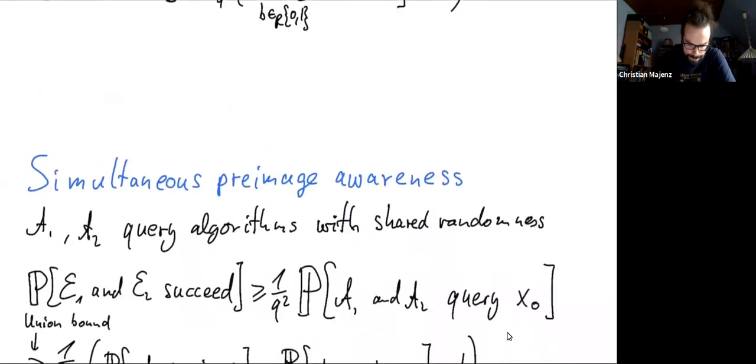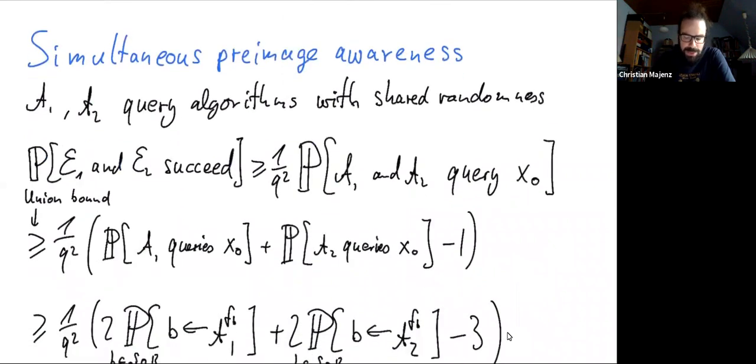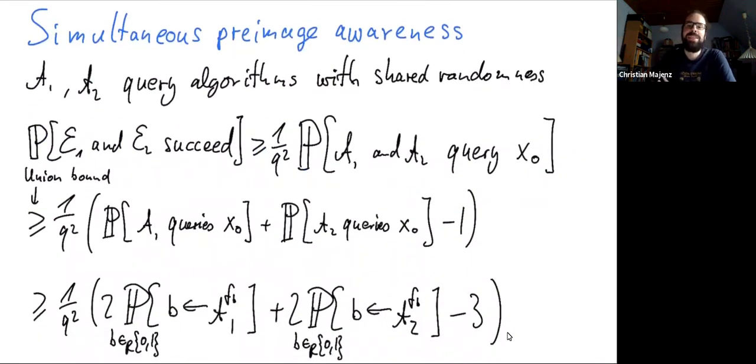Now, what you can also do classically is do this in a simultaneous way. If you have two adversaries, A1 and A2, both query algorithms with shared randomness, say, you can construct, as just described, two extractors, E1 and E2. Say A1 and A2 are trying to solve the same distinguishing task.